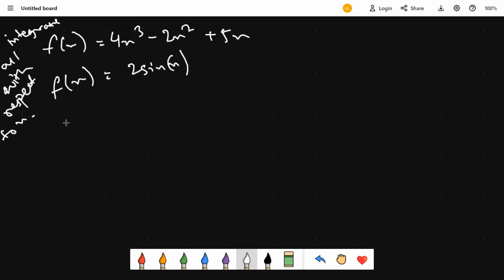Then we have f of x equals 1 over 2x plus 1, that is 1 divided by 2x plus 1.